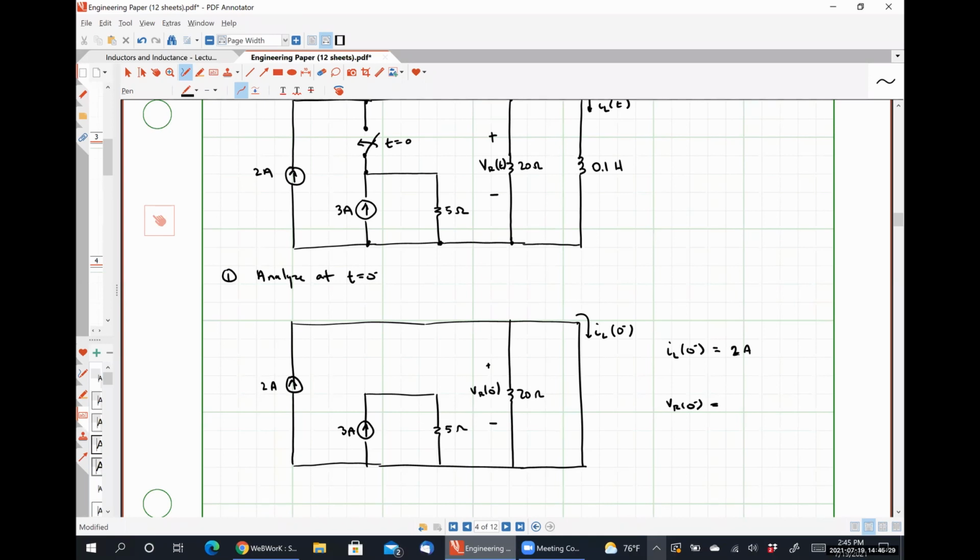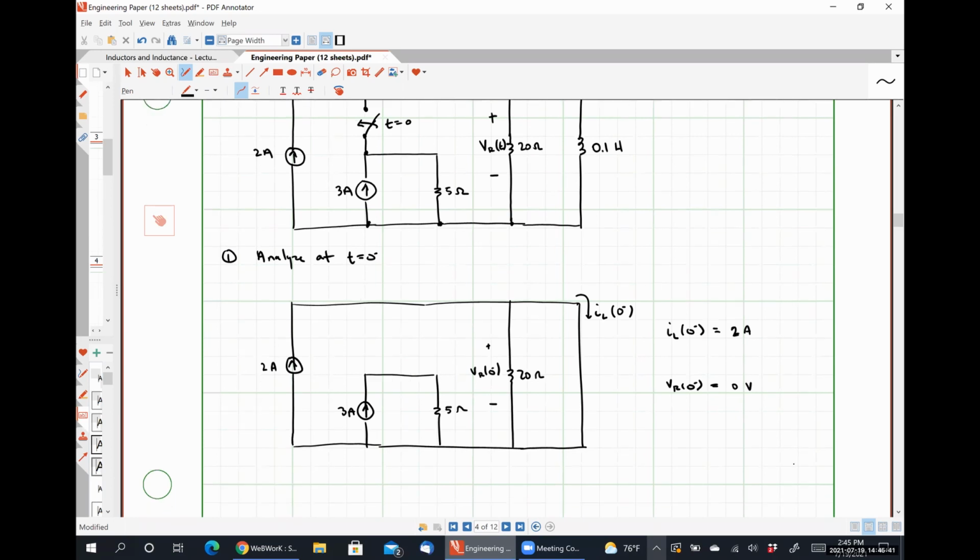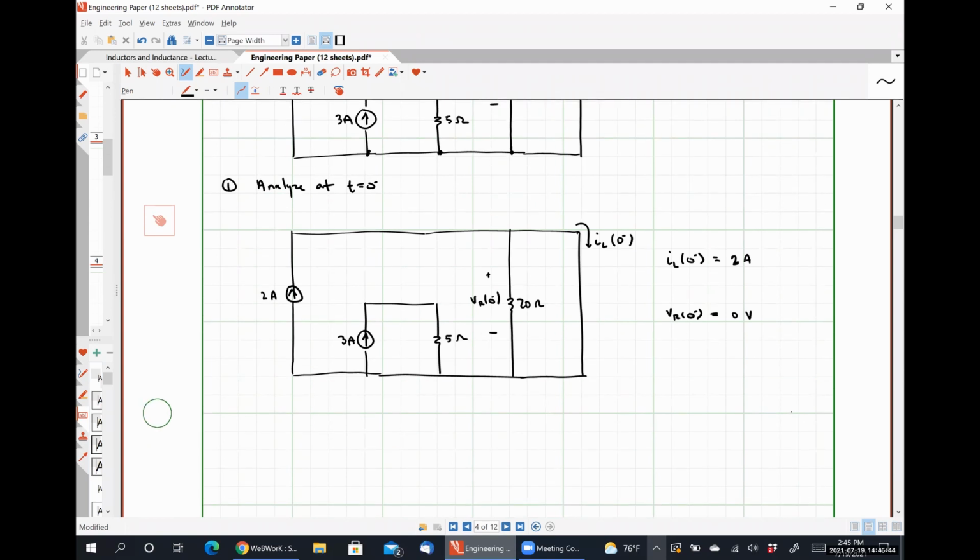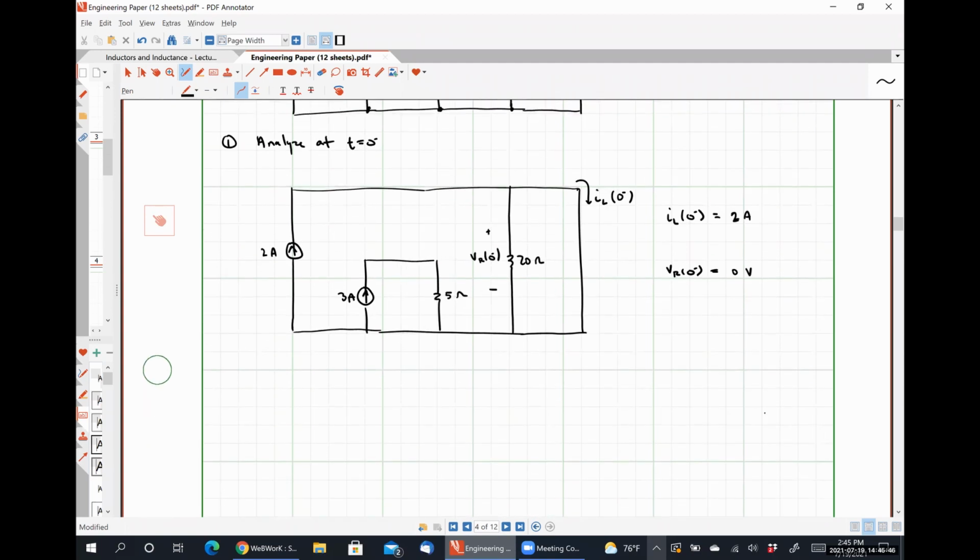So what's going on with the resistor voltage then? It's going to be 0 volts because no current will go down that path. And from Ohm's law, V equals IR, we're going to end up getting 0 volts. Absolutely correct. All right, now we would analyze the circuit at t equals 0 plus.